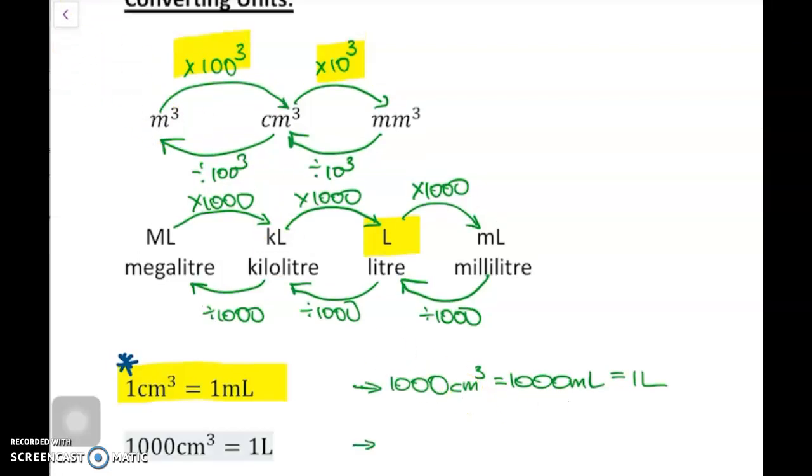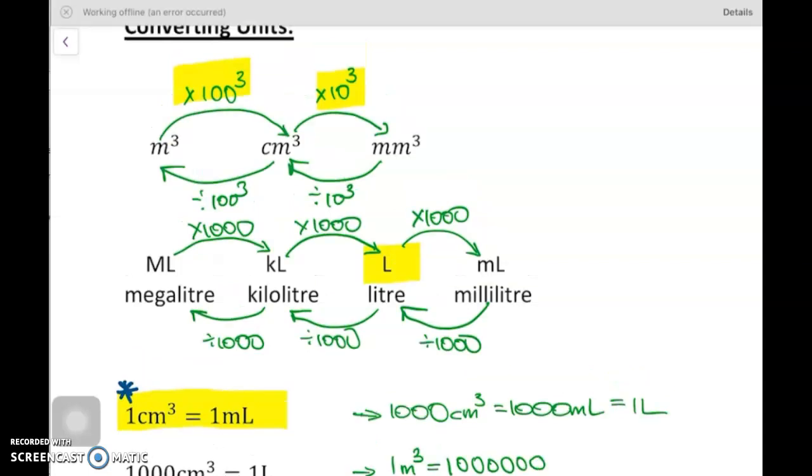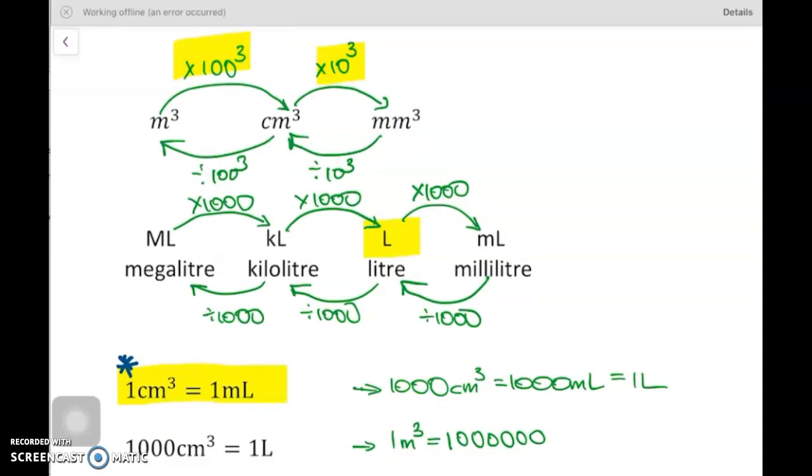What if we have units in cubic meters? Let's have a look at how much capacity there is in a cubic meter. If we have 1 cubic meter, according to our conversion rate up here, it's equivalent to 100 to the power of 3 cubic centimeters. So that's 1 with 6 zeros, 1 million cubic centimeters.